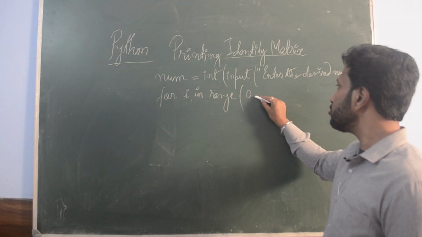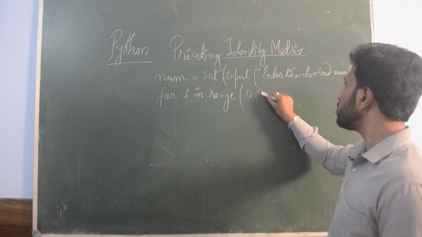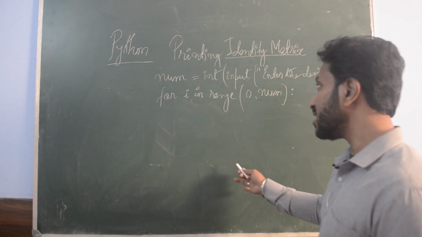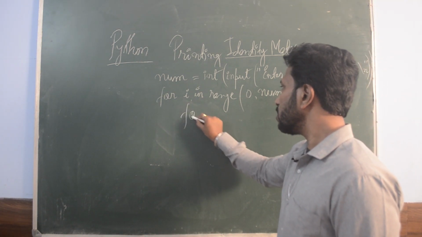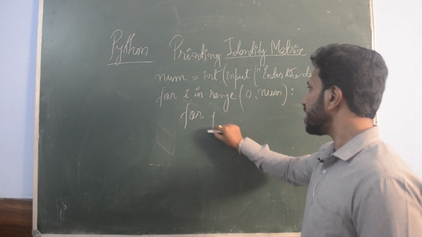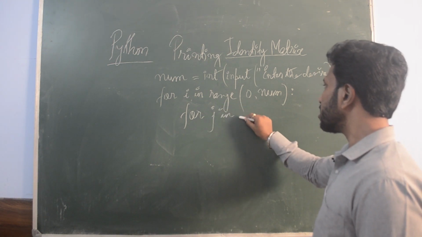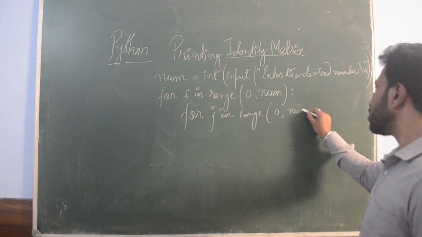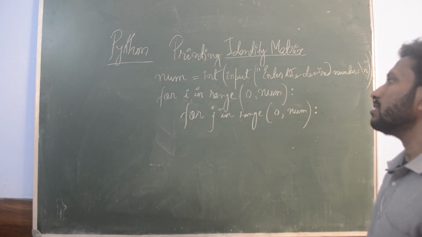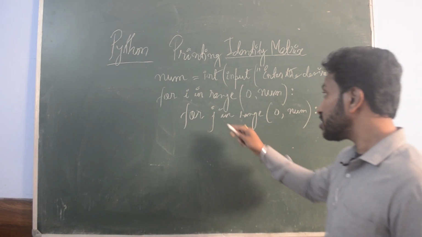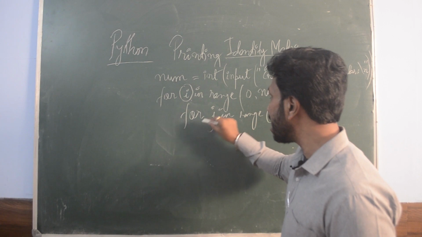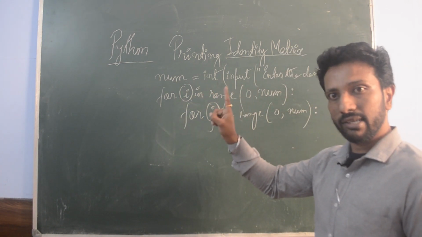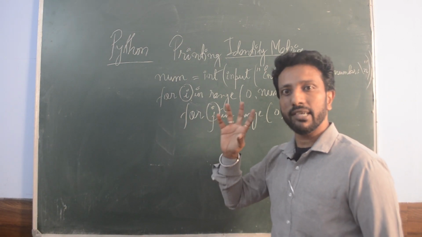So 0 to this number, and for the comparison, I will take the inner for loop for j in range 0, num only. Here, my condition is I have to check the 2 loop variables i and j. So whenever these two are equal, I will print 1. In all the other cases, I will print 0.